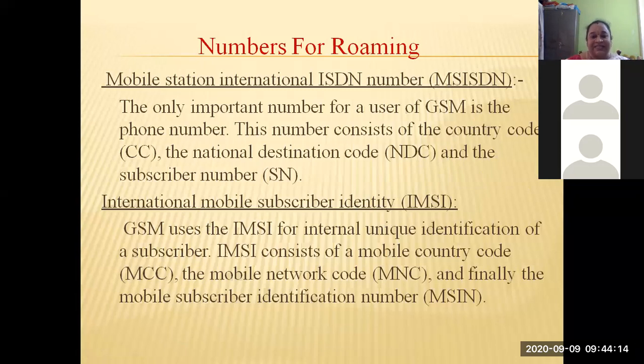This consists of the mobile country code, that is MCC, whereas the MS-ISDN consists of only the country code CC. Here the IMSI consists of the mobile country code MCC, the mobile network code MNC, and finally the mobile subscriber identification number MSIN. So please note all these things. Don't forget all these things, right?